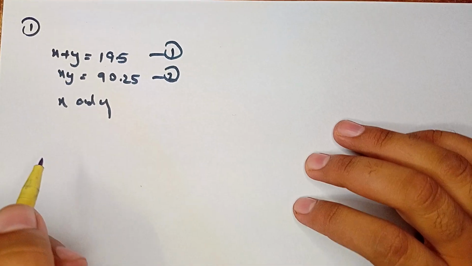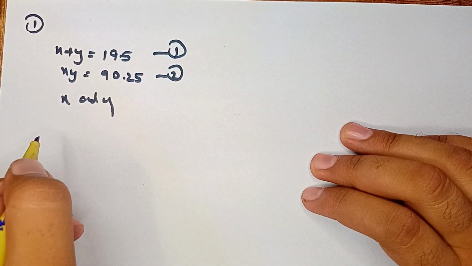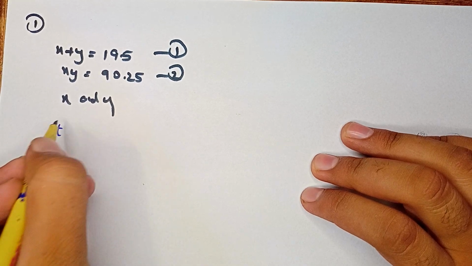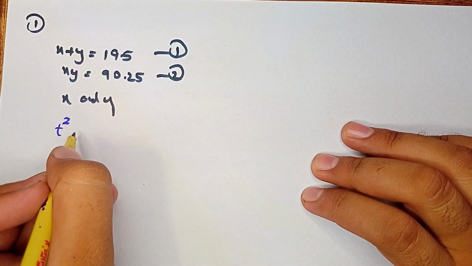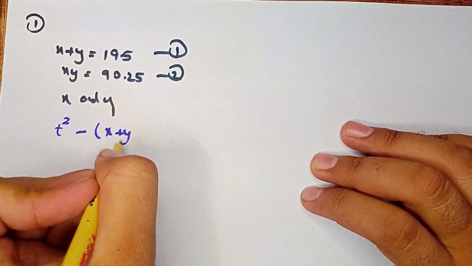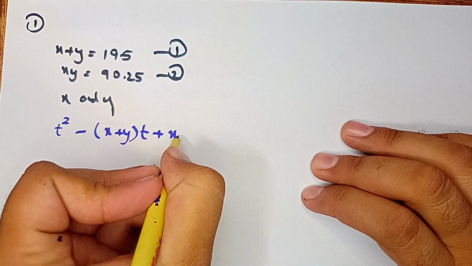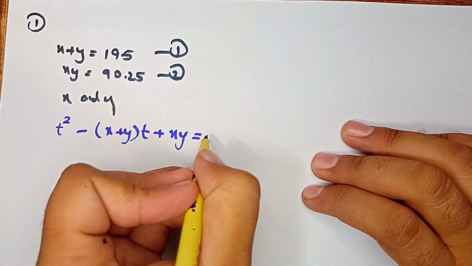There is another formula I'm using today, which is t square minus (x plus y) t plus xy equal to 0.